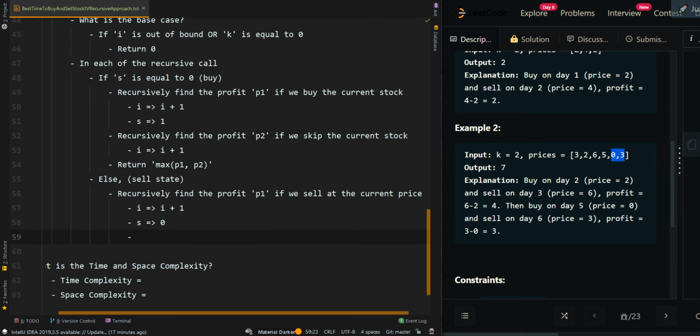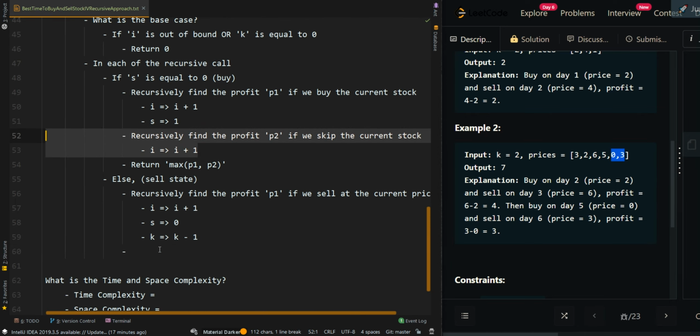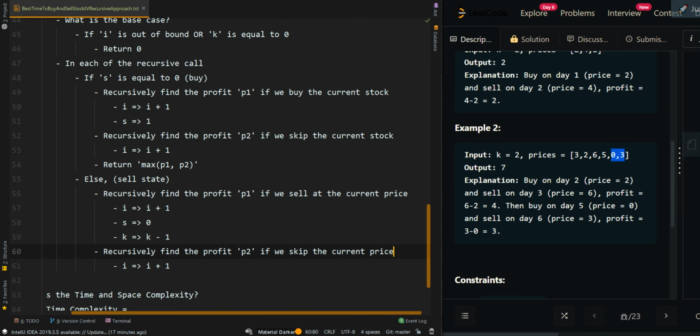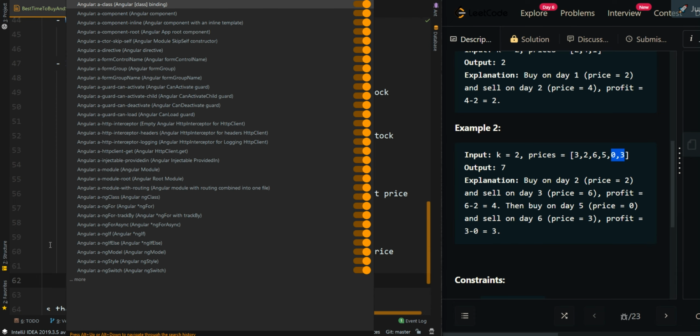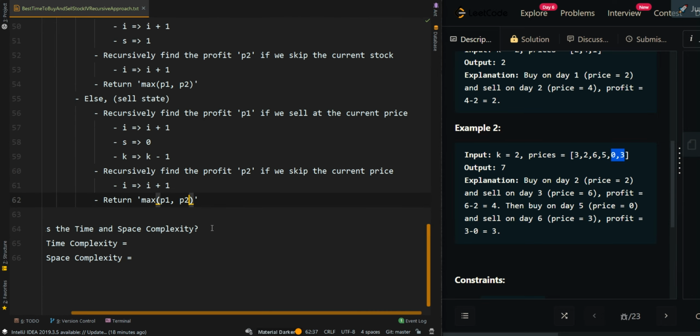And then the number of transactions will decrement by 1 because we performed a buy and a sell. Now we want to recursively find the profit P2 if we skip the current price, which is just moving our index forward. Then we want to return the maximum between P1 and P2.